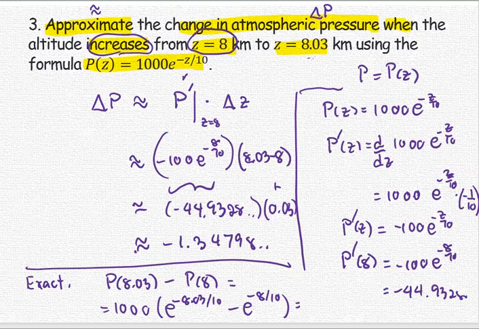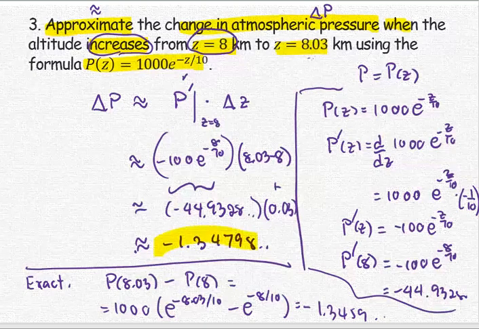Sorry about that. So 0.8. Just 1 second. So the number is very close, negative 1.3459. Close number. That's another way to verify.